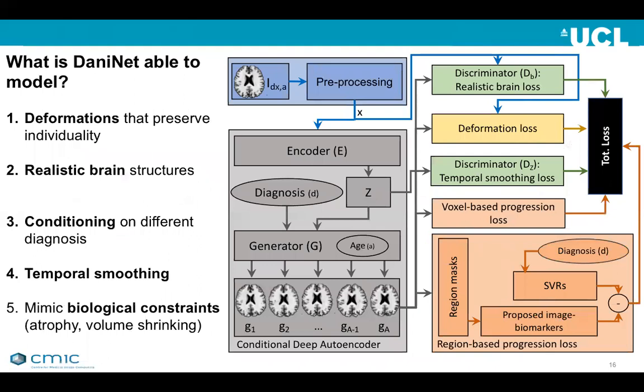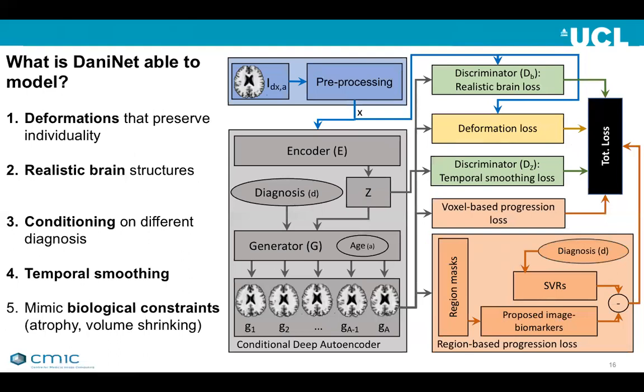So this is the framework that we propose. Basically, the core of the framework is based on a conditional autoencoder, and there are other components such as discriminators and a framework based on support vector regressor. They try to model different components to allow this simulation. So let's go one by one.